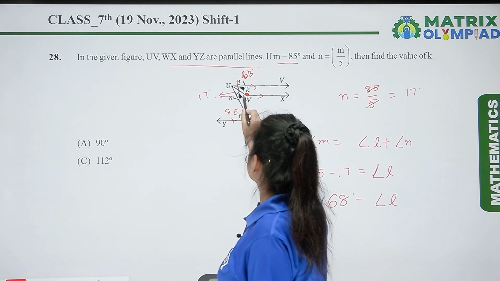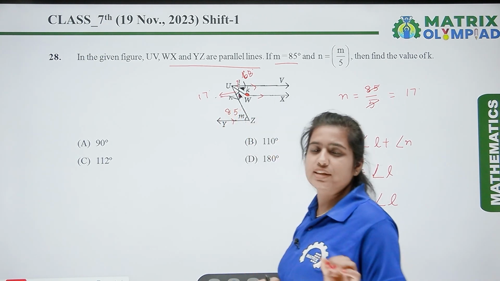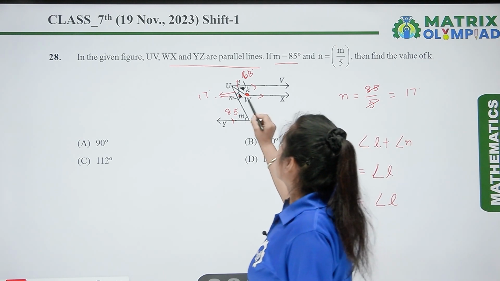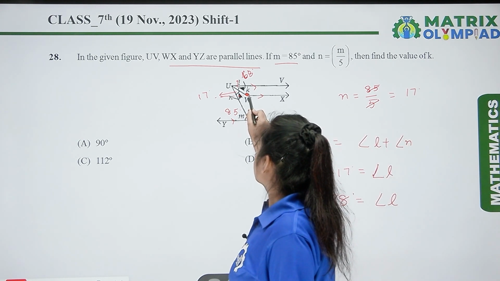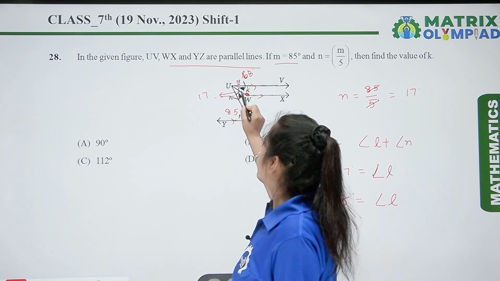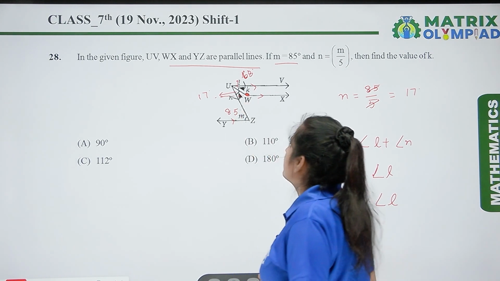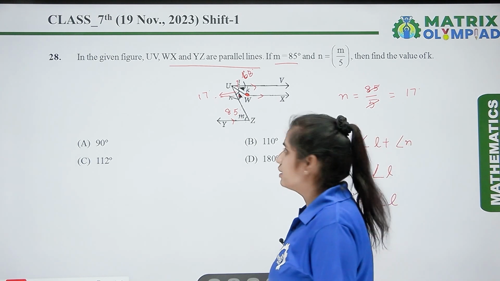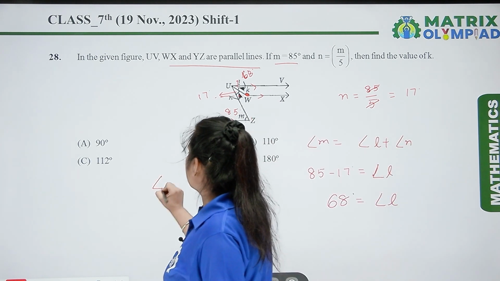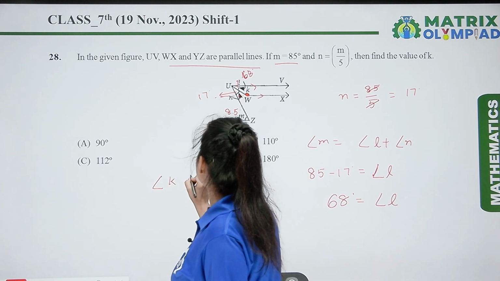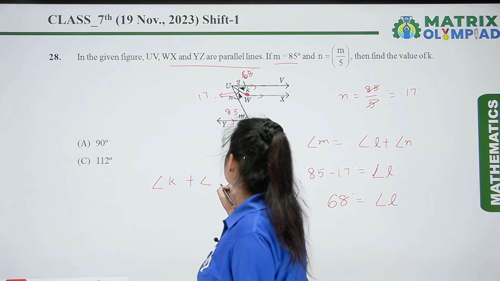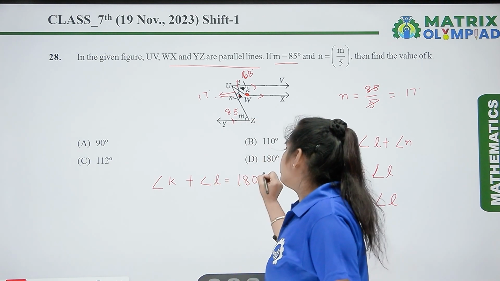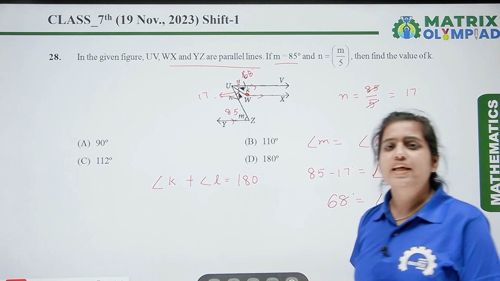After the extension of the WX line, we can say that angle K and angle L are both co-interior angles.